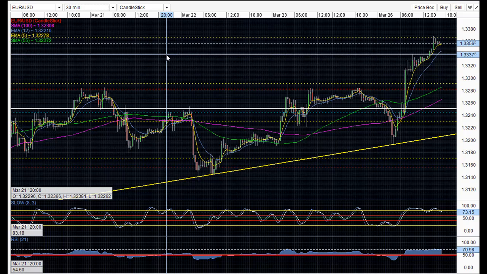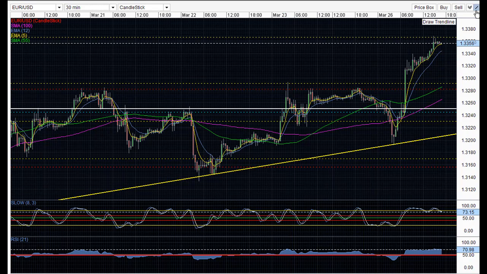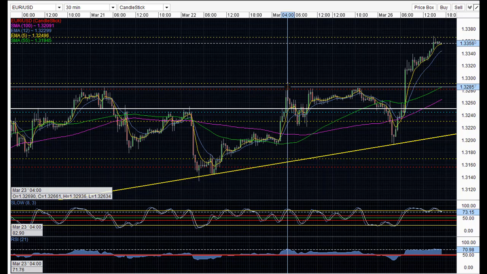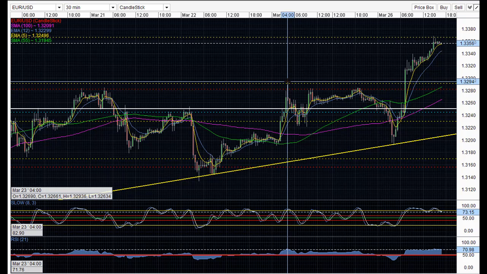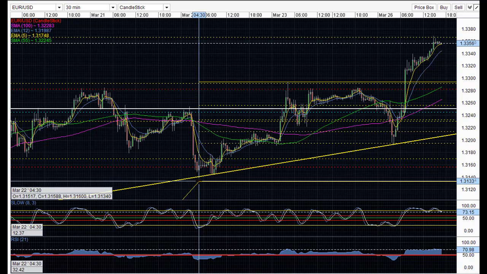Now, I'm on my 30-minute chart, and if I was to draw in a Fibonacci retracement from last Friday's high here at 32.94, down to last Thursday's low at 31.34.